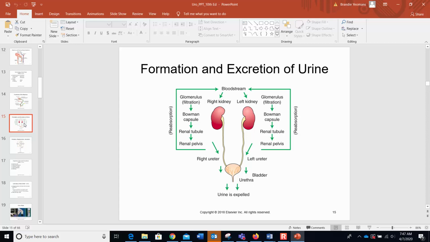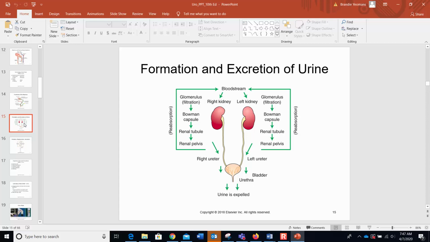So we talk about some of the things that are produced within the urinary system. One of those things is a chemical hormone called antidiuretic hormone. We typically label that ADH, and you'll hear that in the lab class as well as theory.